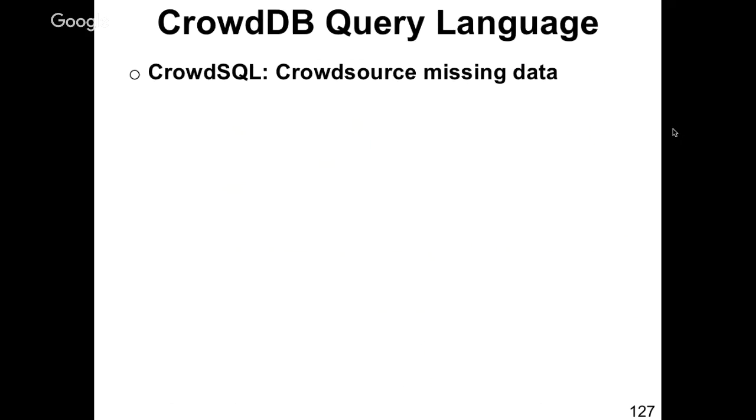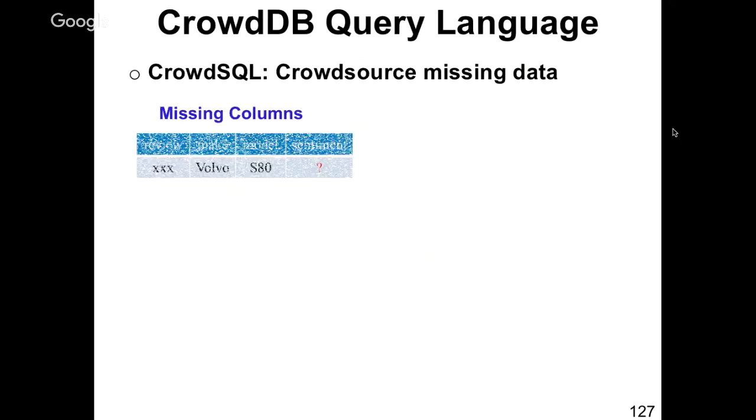To this end, CrowdDB introduced CrowdSQL, which is an extension of traditional SQL query languages. I will only focus on the differences of CrowdSQL from existing SQL languages, right? The main idea is that they want end users to use CrowdSQL to define what things can be crowdsourced, and which part of the missing data could be crowdsourced. Typically, there are two types of missing data.